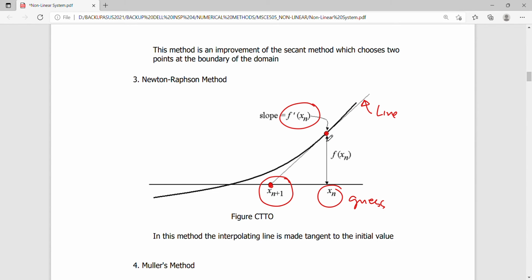The problem here, sometimes, is when your graph goes up and down. If you go here and then the slope reverses, you go back there. So if you encounter two alternately directed slopes, you are actually jumping from one point to the other without really getting nearer the actual solution.